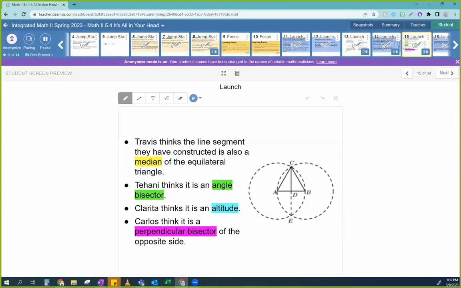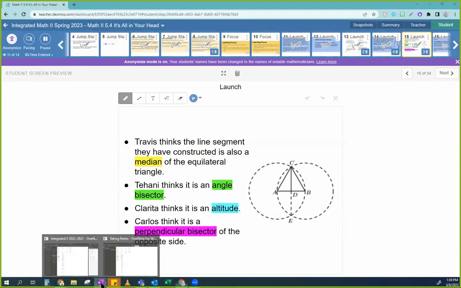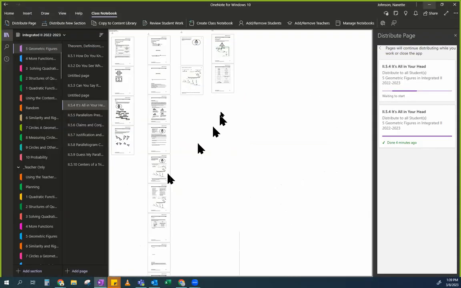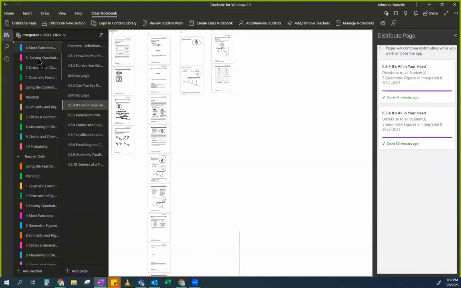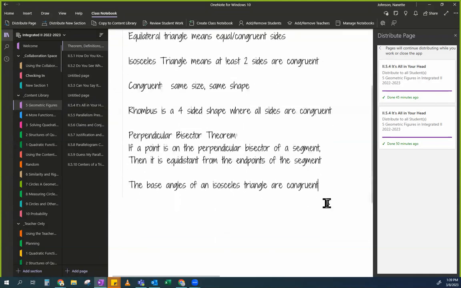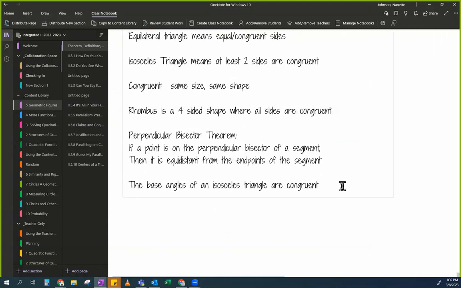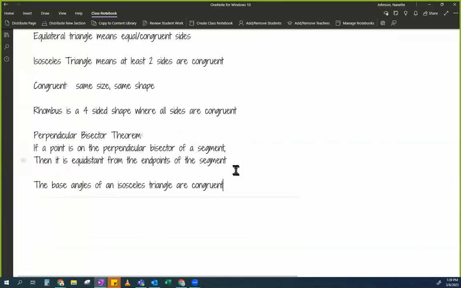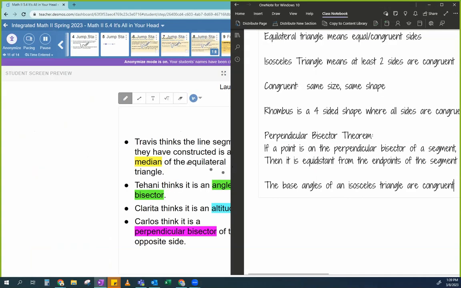So I'm going to write some definitions down, and I'm going to split my screen so you can all see at the same time. Median of a triangle is from midpoint to vertex.